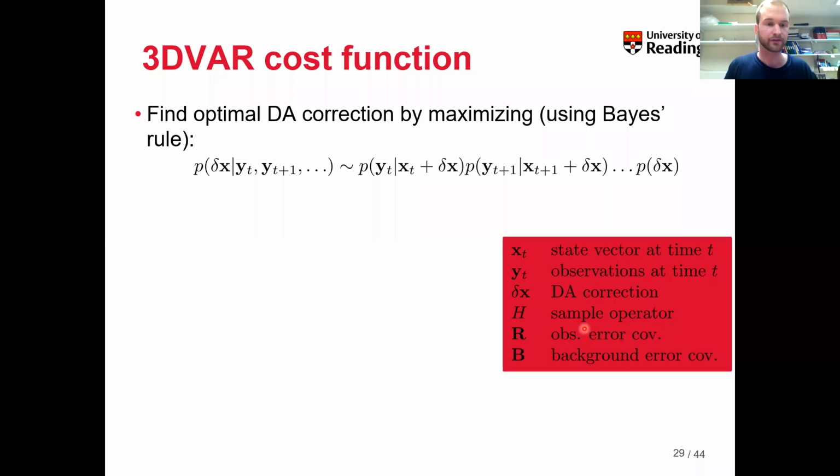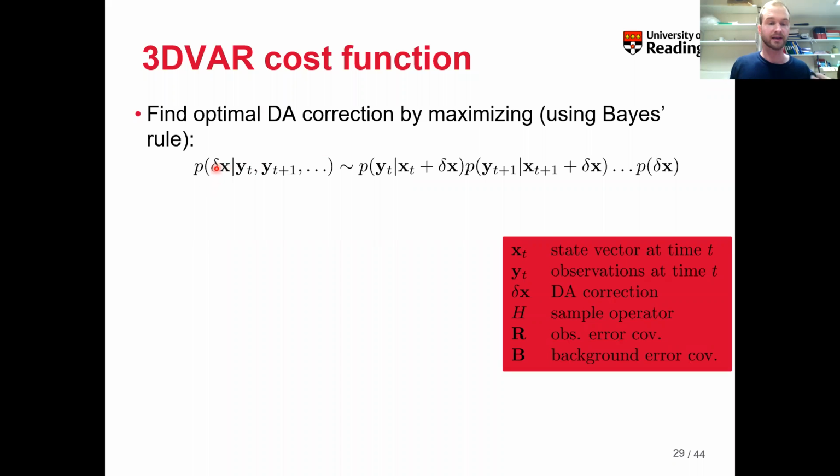So we're looking for the data assimilation correction, delta x, that maximizes this probability. That's the probability that the correction is optimal, and by optimal I mean that applying the correction to your forecast would return you the true state.